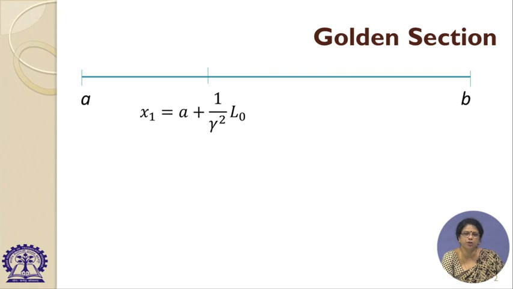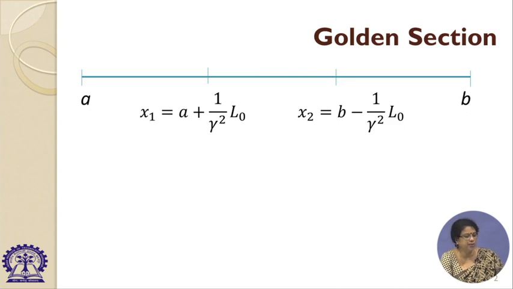Fibonacci method was based on the Fibonacci numbers, but the golden section method is based on the parameter gamma. First point we will consider, that is x1, and the second point would be at equal distance apart from the point B, that is B minus 1 by gamma square L naught.